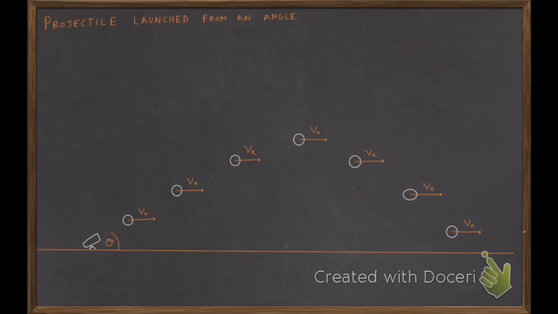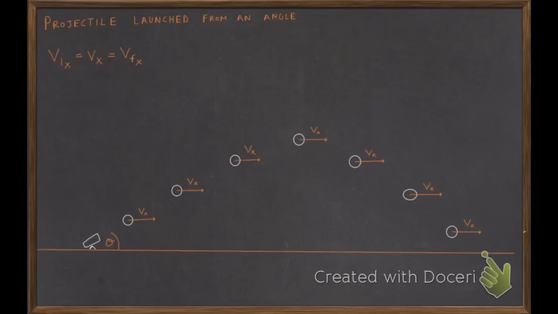So we can say that the initial velocity, Vix, will equal Vx through the trajectory and will also equal V final x. The direction stays the same throughout the entire trajectory of the projectile, and the magnitude stays the same throughout the entire trajectory of the projectile.